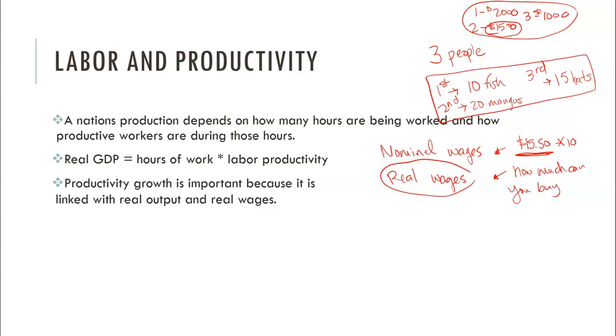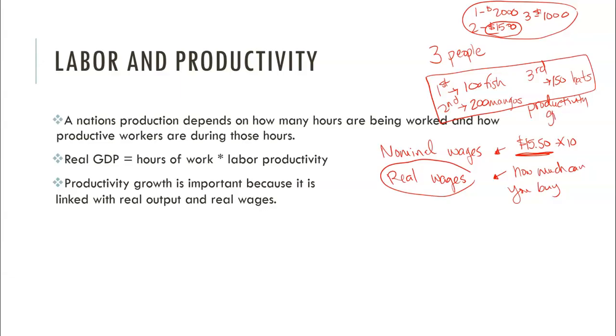And so productivity growth is important because we want to have more output. We want to be able to make more stuff and have higher real wages, meaning we can afford to purchase more stuff. So if we've got an increase in real wages of 10 times, because we have a productivity increase, now maybe we have 100 fish and 200 mangoes and 150 hats. And this is an increase in real output or productivity growth.